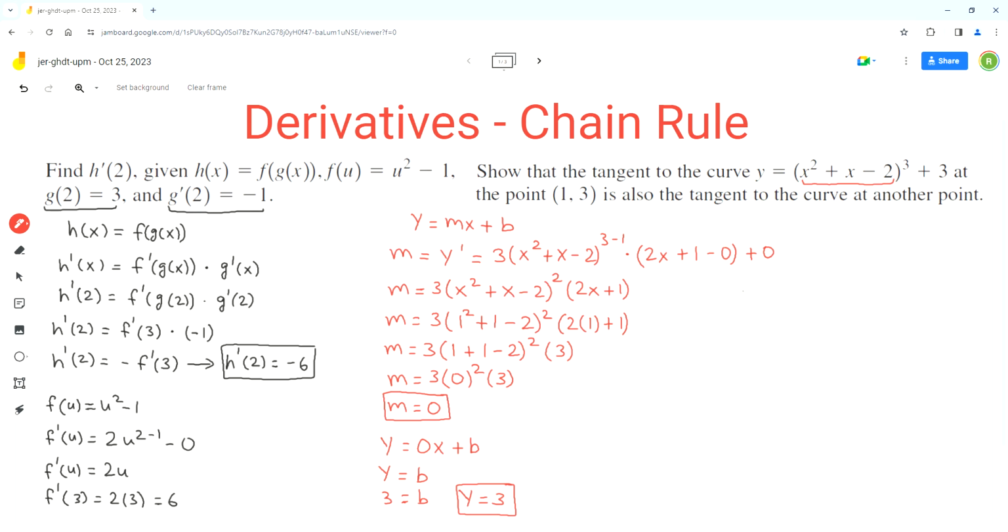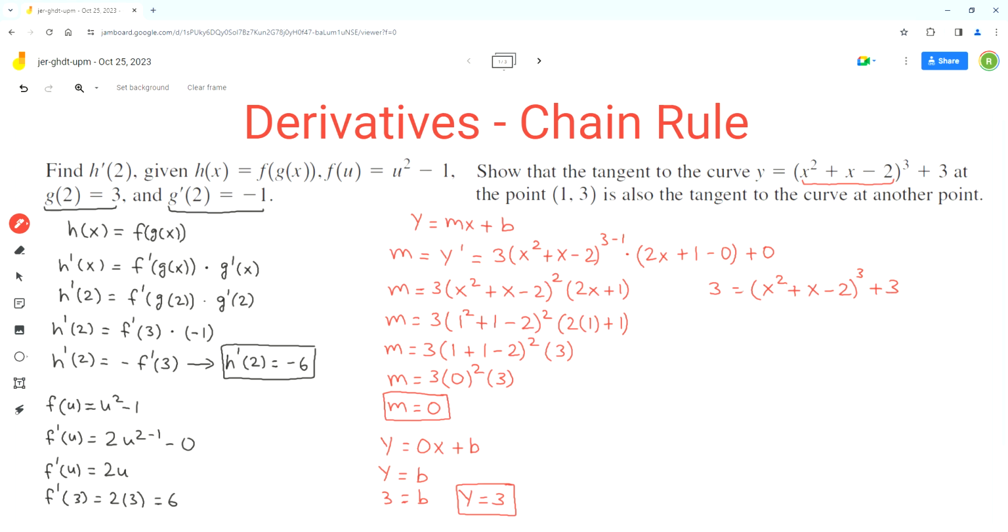For that, we will make this tangent line equation equal to the curve equation and then solve for x. So the equation of the tangent line is y equals 3. So we will sub in y as 3 in the equation of the curve. So we get 3 equals (x squared plus x minus 2) cubed plus 3.